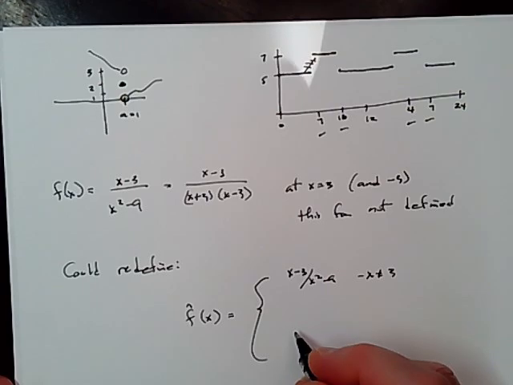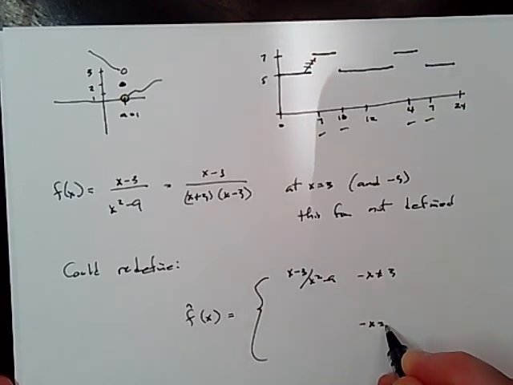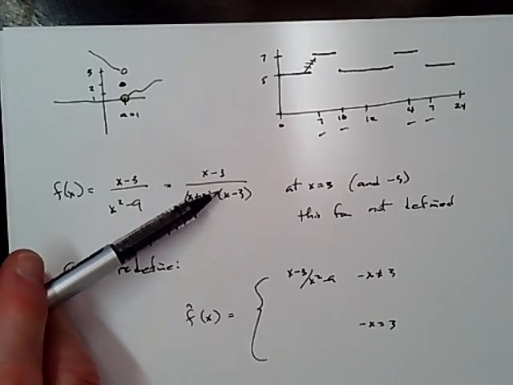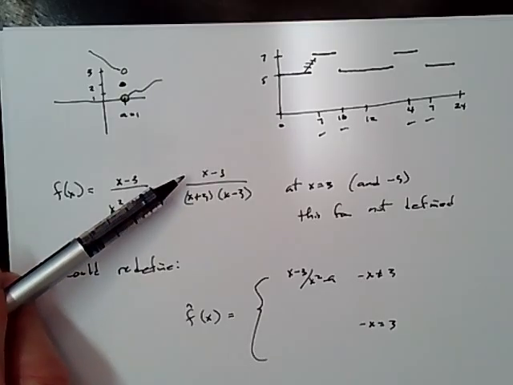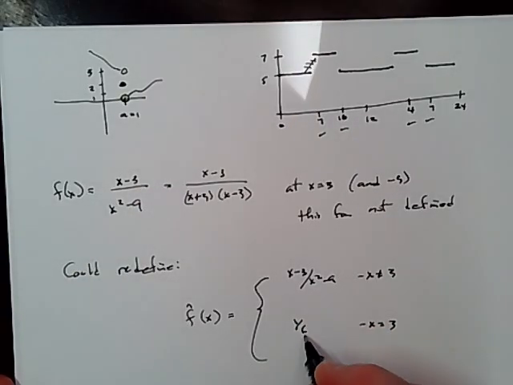And at x equals 3, if you cancel the x minus 3's, you're looking at 1 over 6. So I want 1 over 6, and I've plugged the hole in that way.